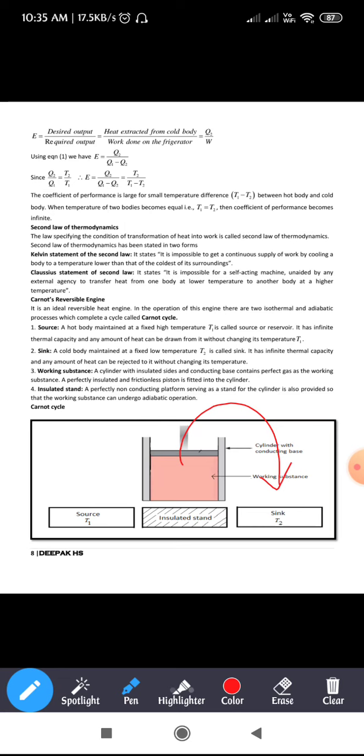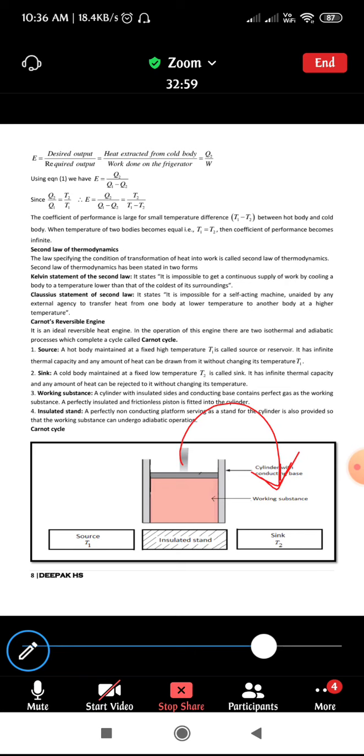See here, when the gas is allowed to compress, what happens? The temperature of the gas increases, right? So whatever excess increase in temperature occurs during the compression of the gas is rejected to the sink. So the temperature of the gas inside the cylinder remains the same. This is the process that occurs in isothermal compression.